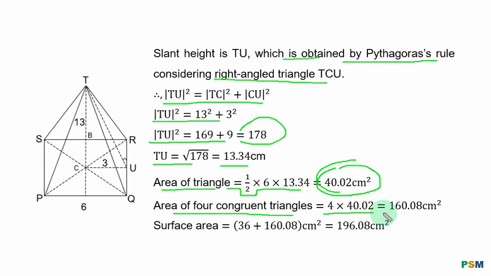You have 160.08 square centimeters. Therefore, surface area is equal to area of square base 36 plus area of the 4 congruent triangles. When you add, you have 196.08 square centimeters.